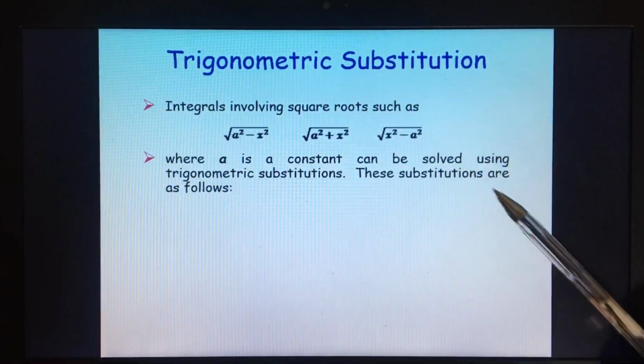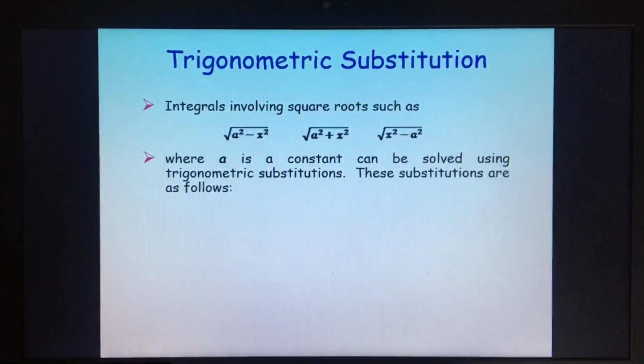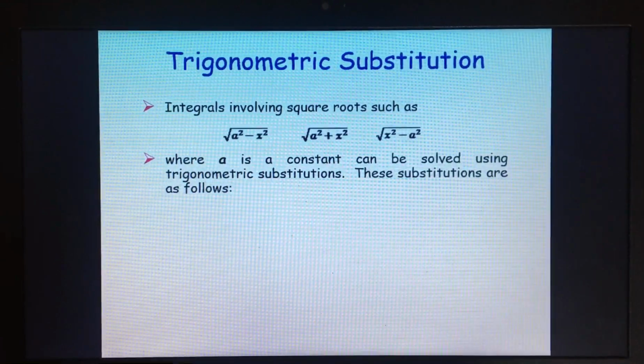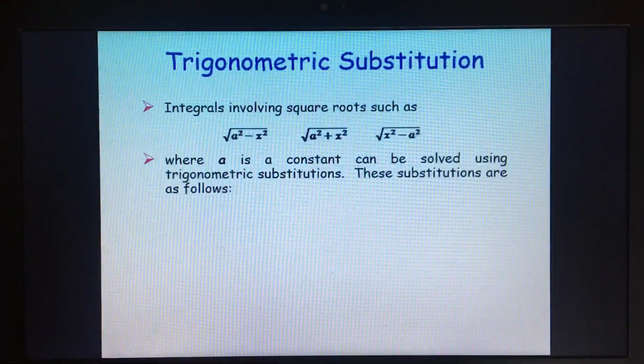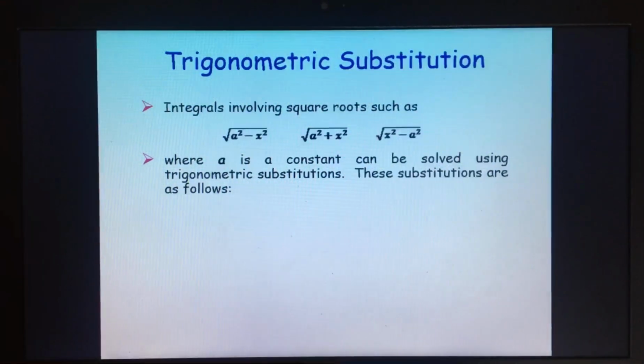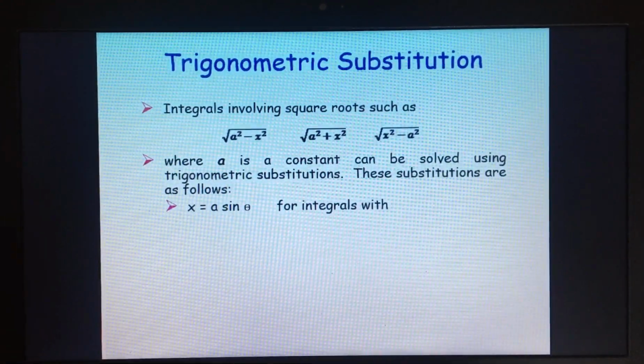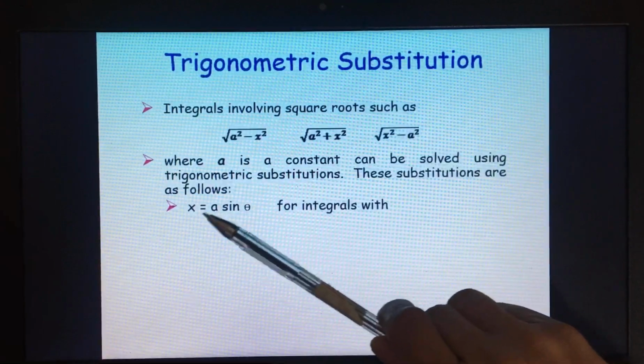So these substitutions are as follows. I don't want you to memorize this. In our next video, I will teach you how and why we derive these. Okay, so these substitutions are as follows.